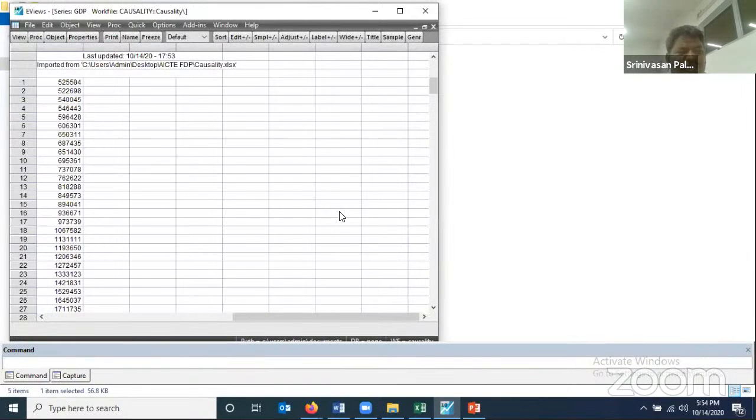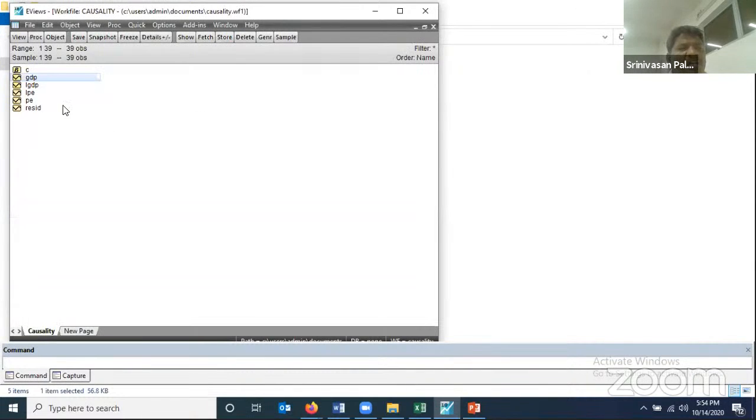You can take any variables: US stock market, Indian stock market, spot market, futures market, export and GDP, sales and advertisement. You can take any number of variables. For explanation, I have taken public expenditure and GDP, and I have converted them into log.